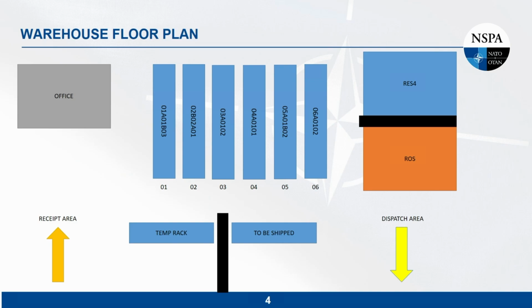Another recommendation is to separate your RES4 items to be written off and the items from a ROS document. That means I have RES4 items to be written off, and I have items which are already recorded on a report of survey before they are handed over to a property disposal officer. Strongly recommend to separate the RES4 and the ROS area.